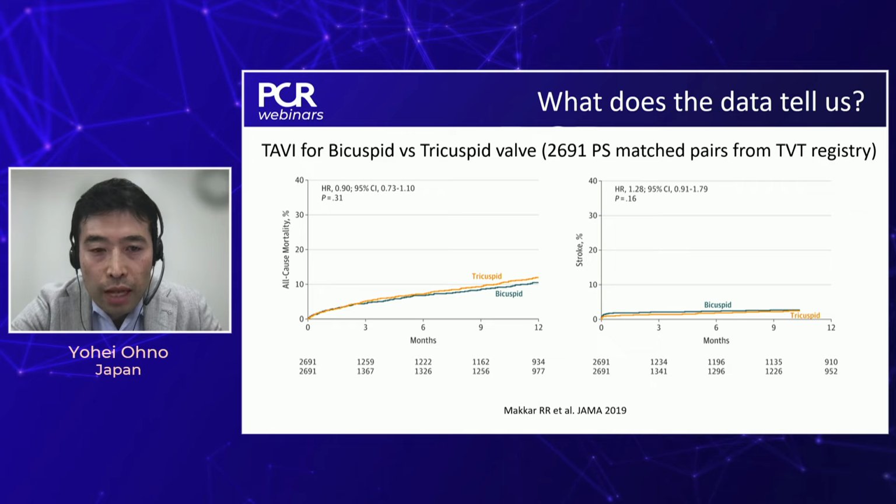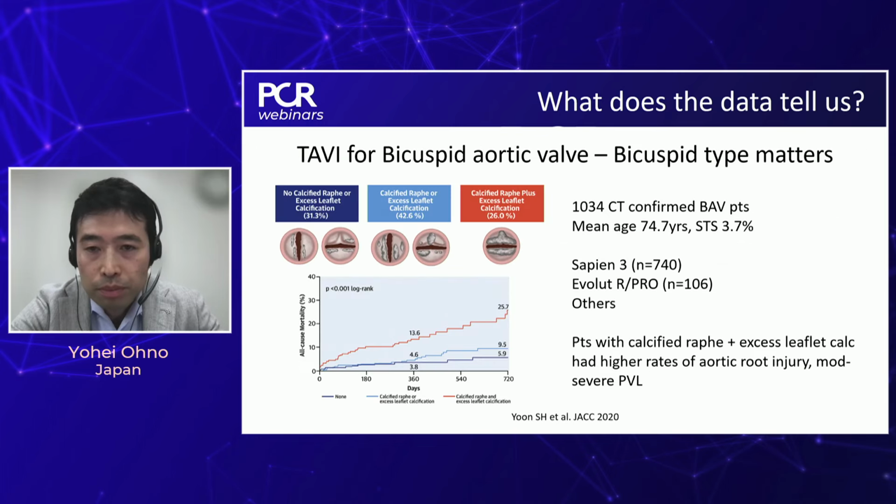It showed that for all-cause mortality, early and late outcomes were comparable between the two groups. As for stroke, there was an early signal that the bicuspid cohort had a higher incidence. However, at 12 months it was comparable between the two groups.